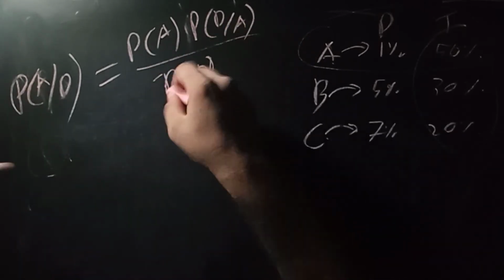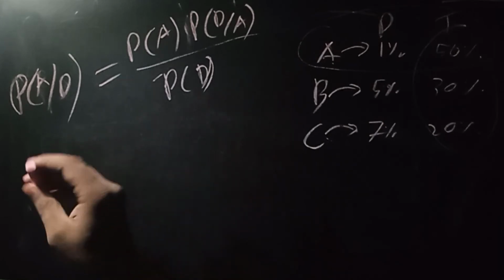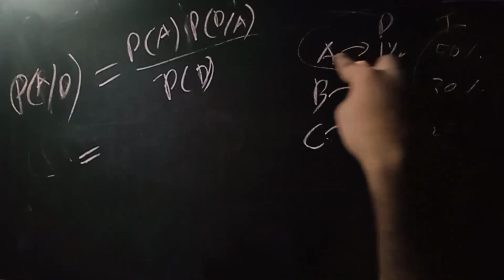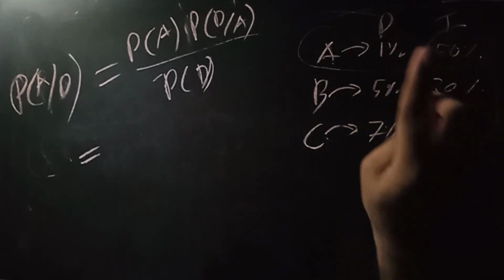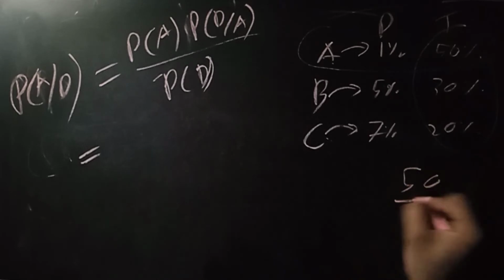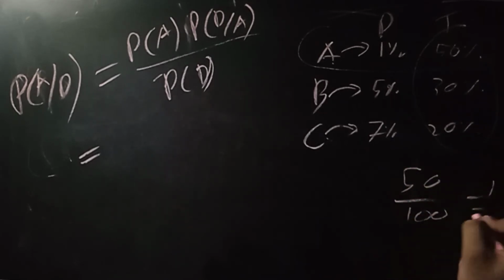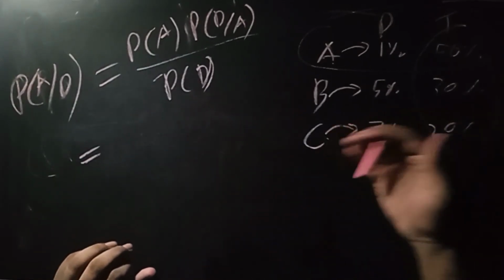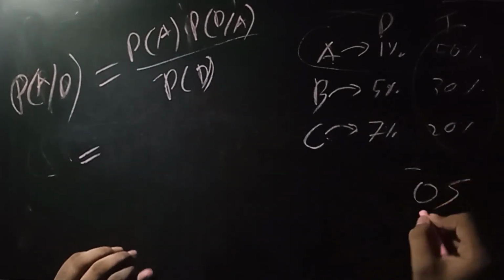So we can just go like previously we saw here. 50% of the time A is running, that means the probability of A being run at that time is 50 by 100, which is equal to half, just simple math, or 0.5 you can say. I think 0.5 is better.